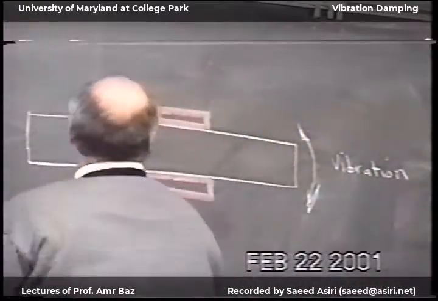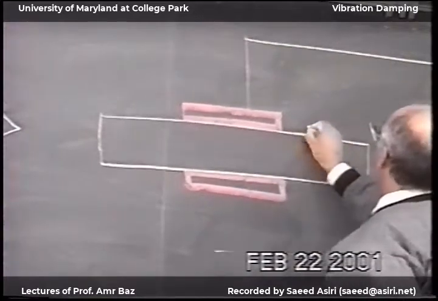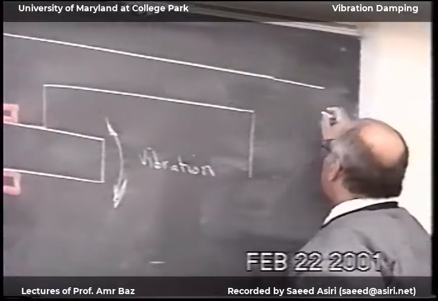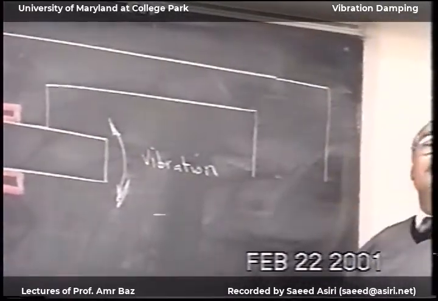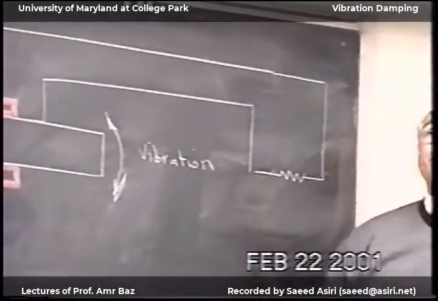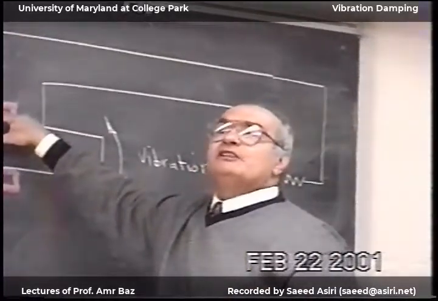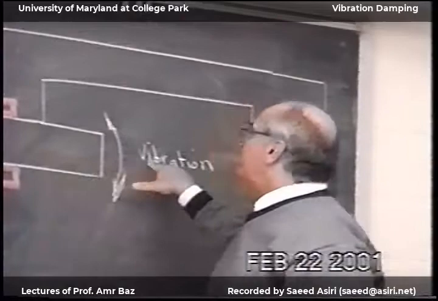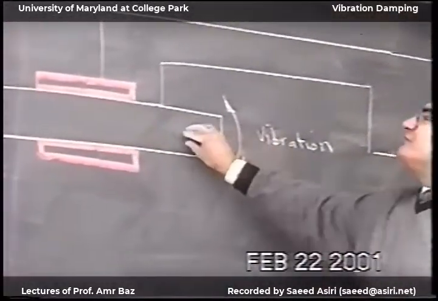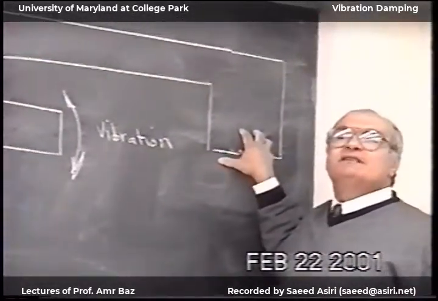So I'll take this electricity, and a very simple thing we can do, just take it and dump it in a resistance. This is electric energy generated from mechanical energy, which is the vibration of the structure. I'll take the converted mechanical energy into electric energy and dissipate it into heat in a resistance.